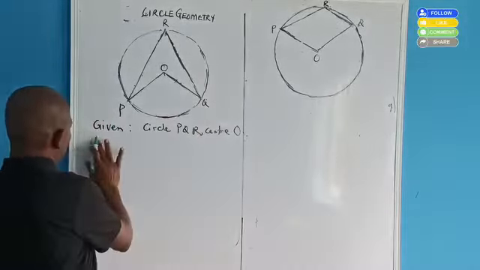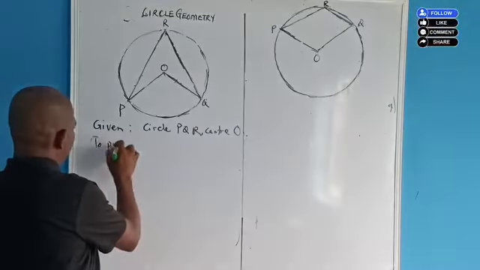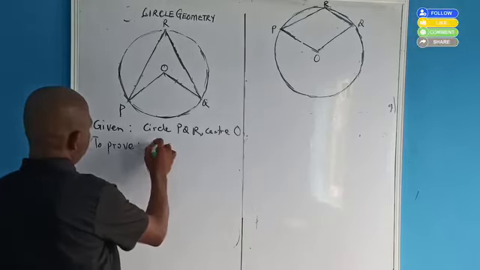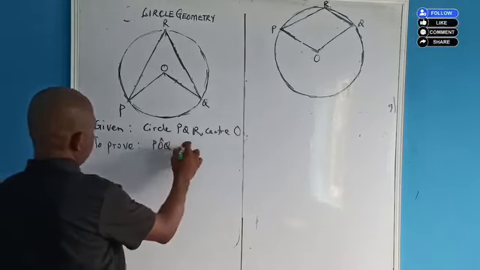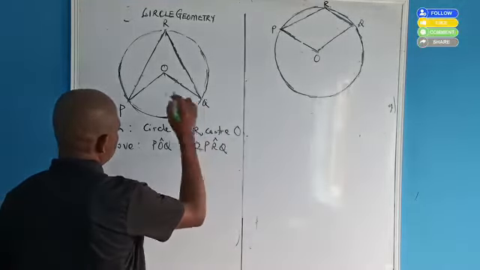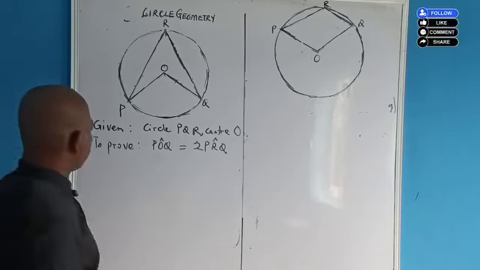Now state what we're asked to prove: that angle POQ, the angle at the center, is 2 times angle PRQ, the angle at the circumference.